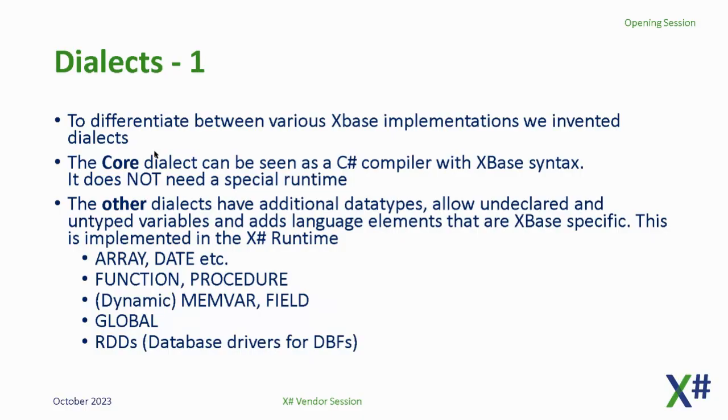It has only the data types that you have when you develop in C#, stuff like System.DateTime, System.String, System.Object, etc. And it doesn't have support for FoxPro arrays or dates or any of the special XSpace types, no currency, etc. What we have added on top of the core dialect is other dialects, and we have added support for these XSpace specific things.